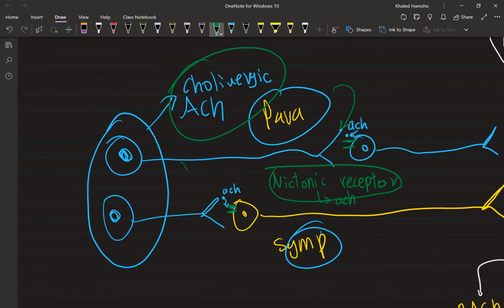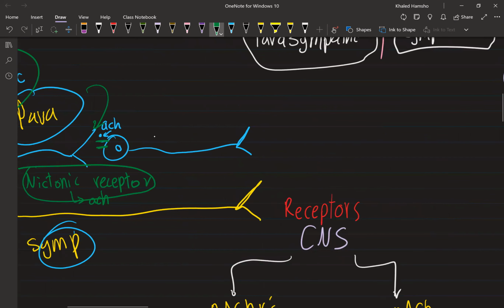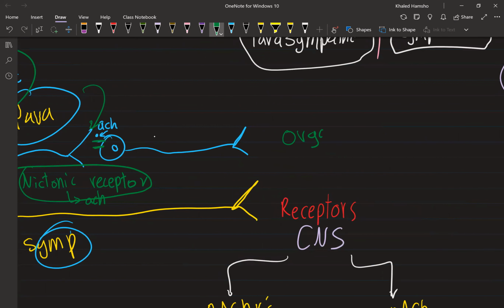Now, the difference lies in the second one, at the organ. In the parasympathetic nervous system, the postganglionic neuron, the neuron that comes after the ganglion, is cholinergic, meaning it also releases acetylcholine.